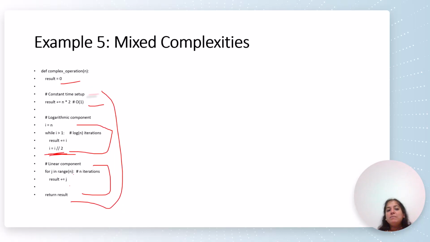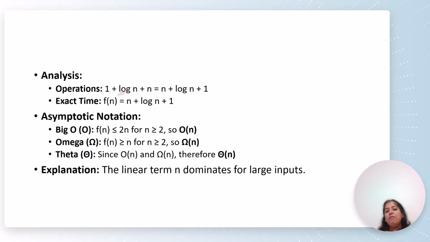So the total becomes 1 plus log n plus n. Again, the dominating term here is n, because n is larger than log n, so your answer will come big O of n, theta of n.